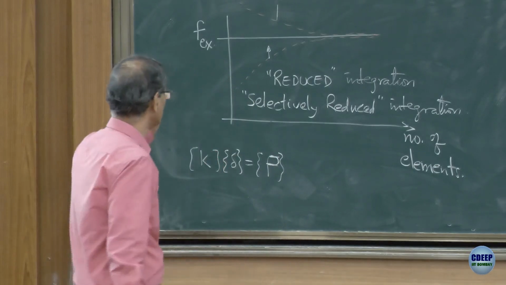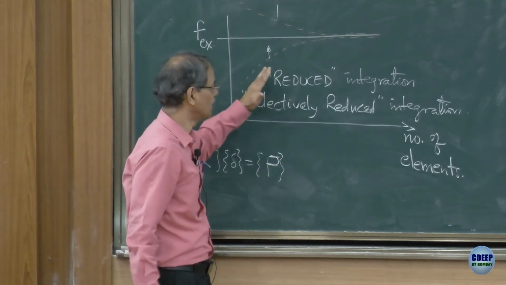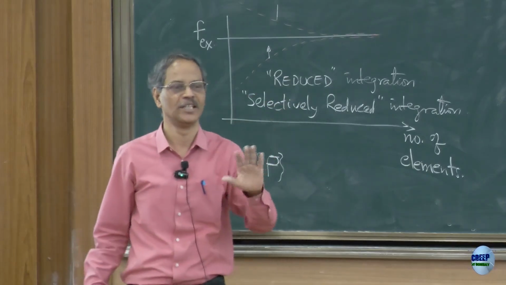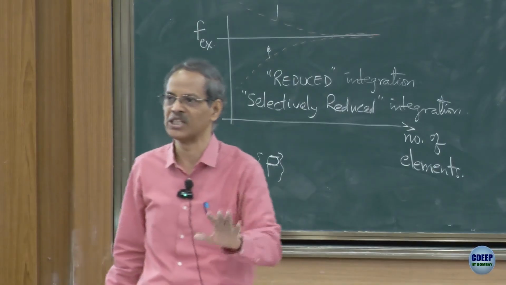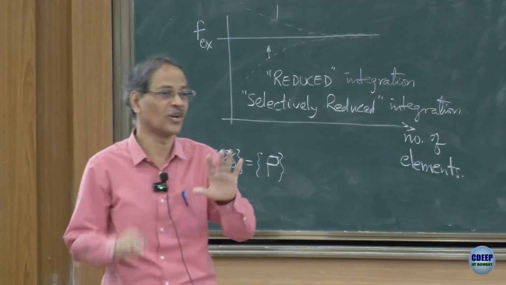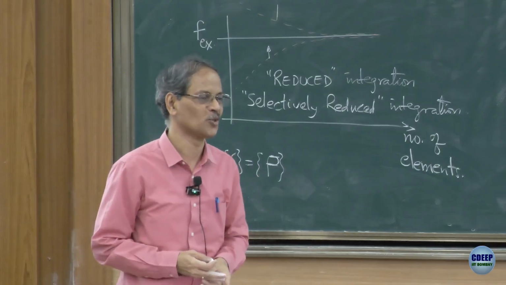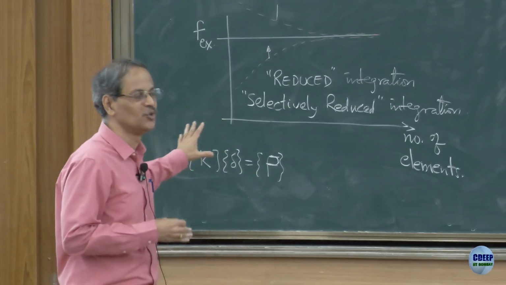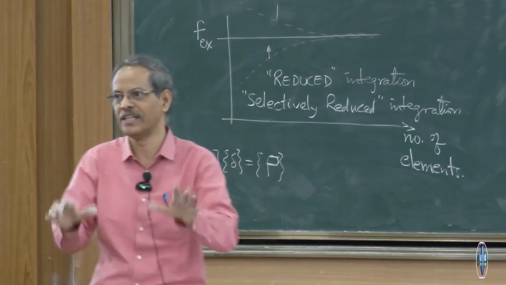Then we looked at this convergence behavior and brought in this. Now you can read it up about this reduced integration, selective reduced integration. These are typically implemented inside the software that you are already using for your course projects. You can go back, now that you understand, you can use the software more intelligently.